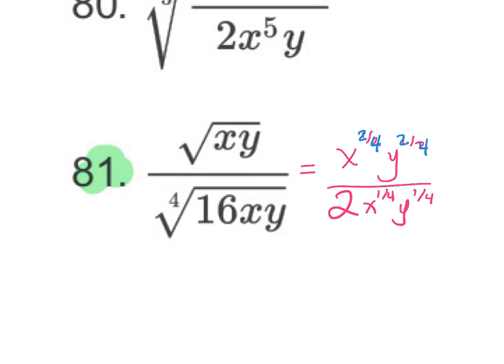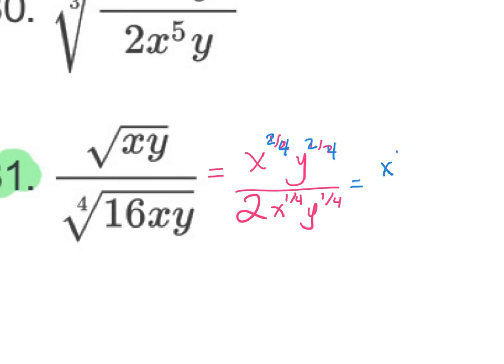I got a common denominator. So I have x to the 2/4 divided by x to the 1/4. Well, what's 2/4 minus 1/4? 1/4. Yep. So I have x to the 1/4. What's my y going to be? 1/4. And we're going to have this all over 2.